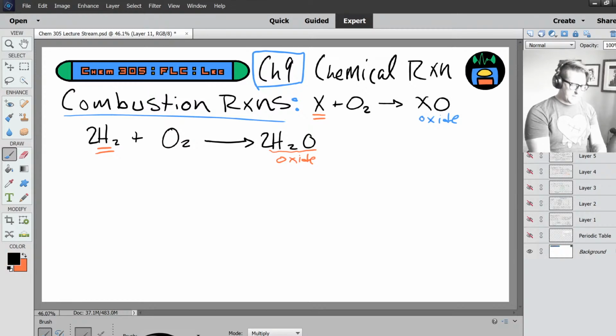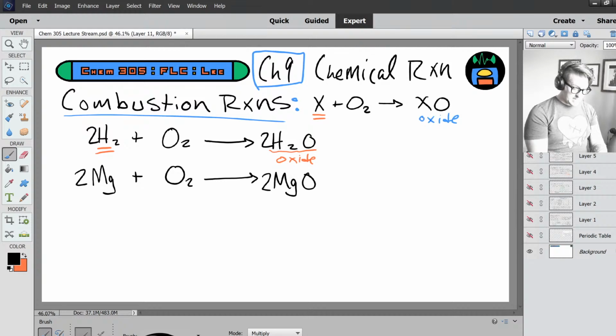Another combustion reaction, which we do in a lab in Chem 400, is magnesium metal reacting with oxygen gas to produce magnesium oxide. Typically, when we think of combustion reactions, though, we're not thinking about metals or even hydrogen.